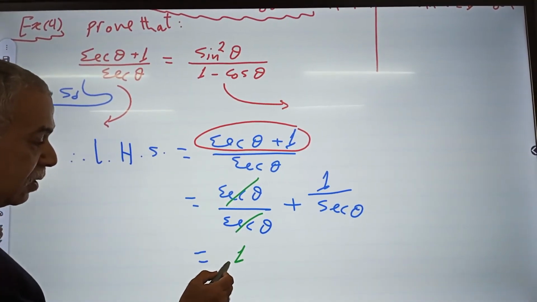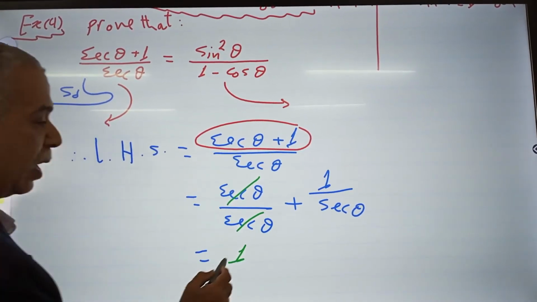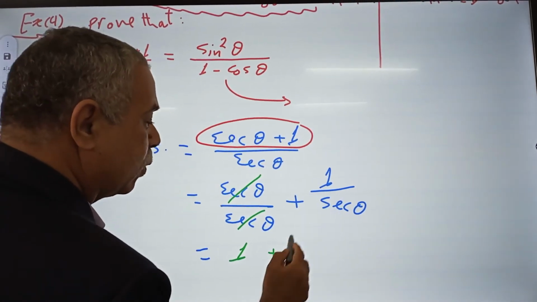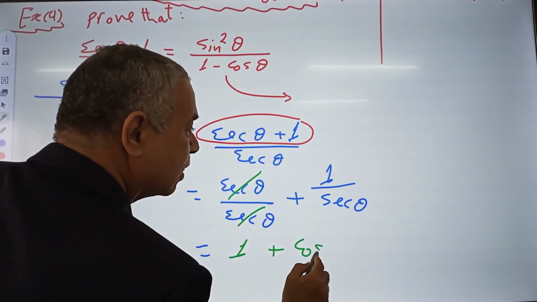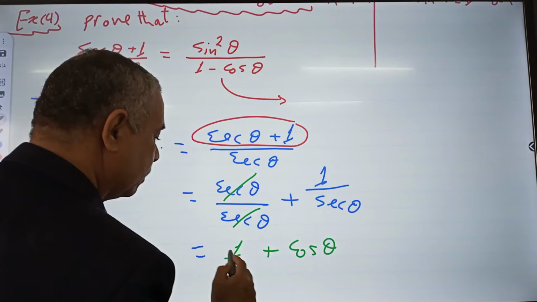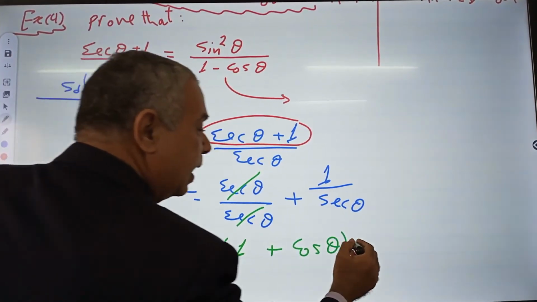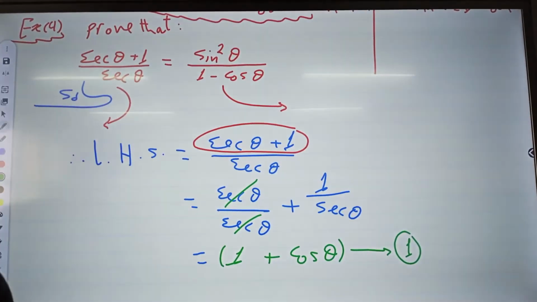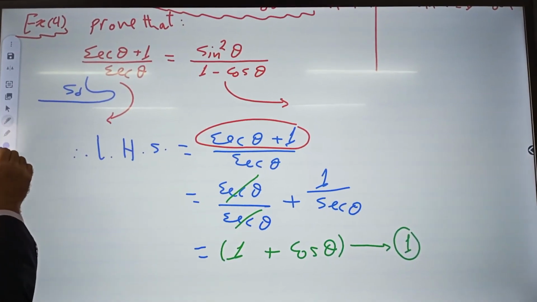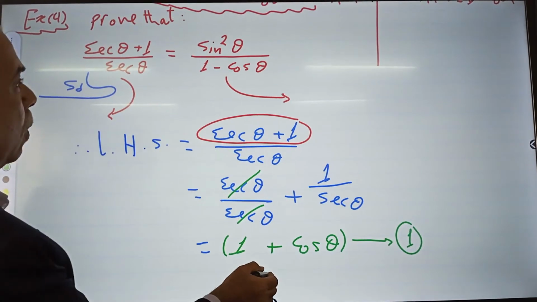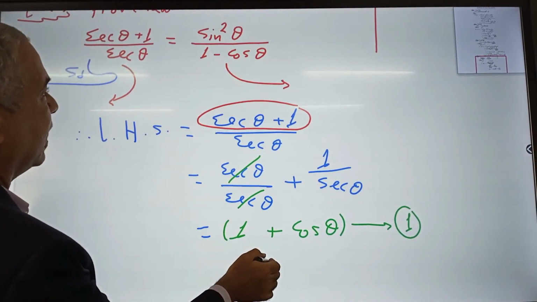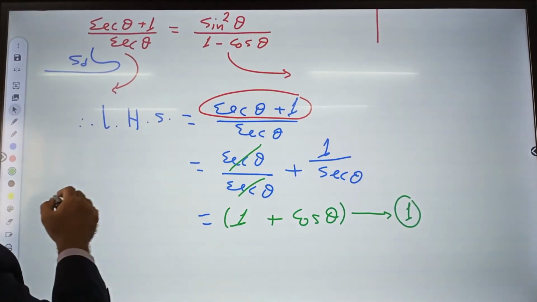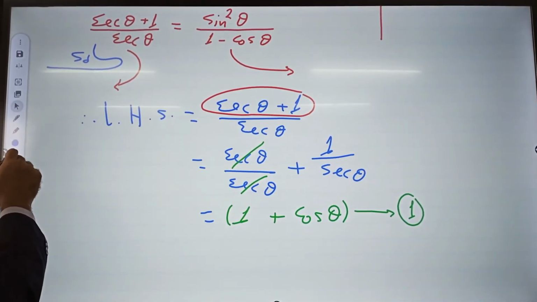So this fraction is 1 plus 1 over sec θ, which is equal to cos θ. Name this answer 1. Now we will take the right hand side and find its value like this.